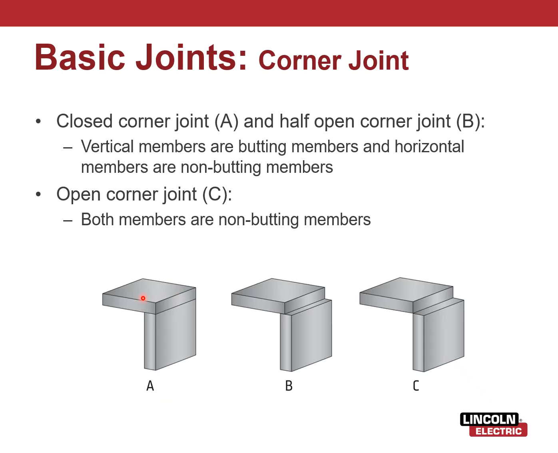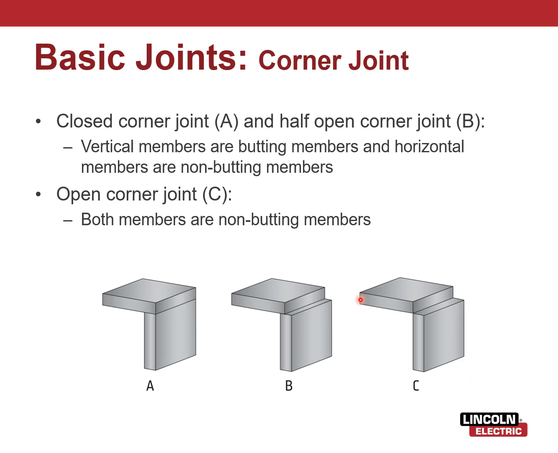And here they are. This would be a closed one, where right now we are a butting member. And then in B, we're still a butting member, it's still running into it. And then in C, we are no longer. So this would be a closed, a half, and an open. And you can see right here, you're going to have a fillet weld. And then this, if you weld it on this side, what would that be? That would be a square butt groove.